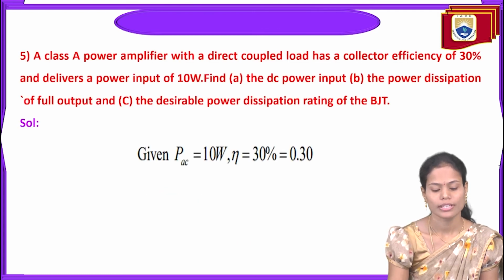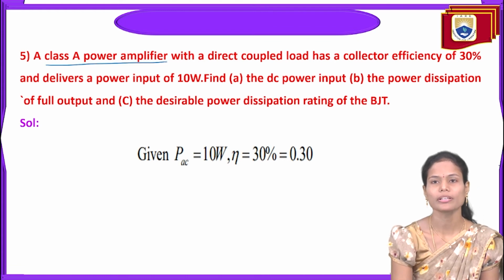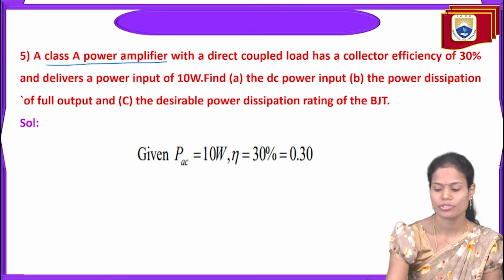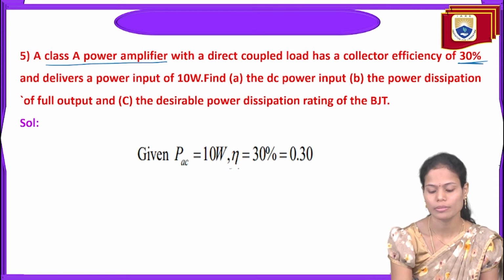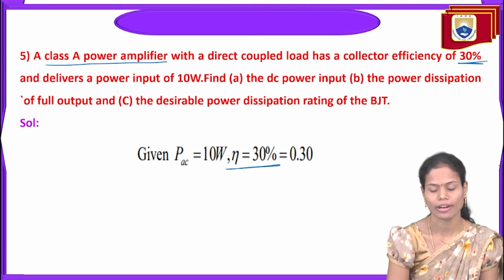And next, coming to the next problem. It is a class A power amplifier with a direct coupled load and a collector efficiency of 30%. So they have given the efficiency value of 30% and it delivers a power input of 10 watts.